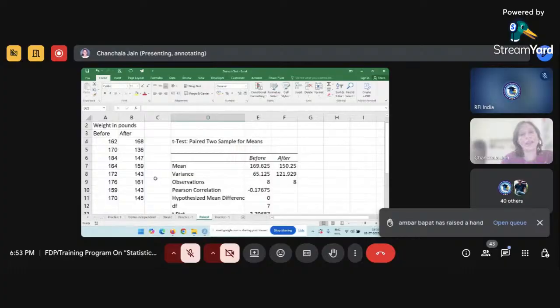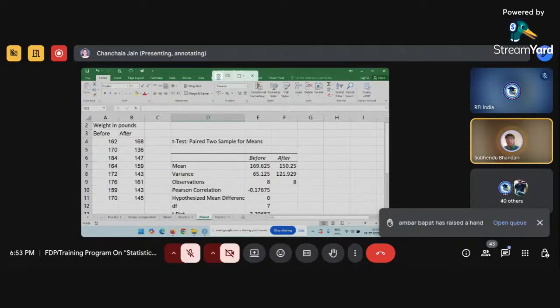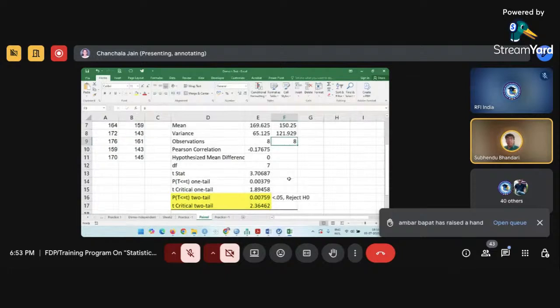Hello. Madam, in this sheet you have said that in Pearson correlation, if it is negative, then it is correlated. At the same time, if the two-tail p-value is less than 0.05 and the Pearson correlation value is positive, then what could be the meaning?